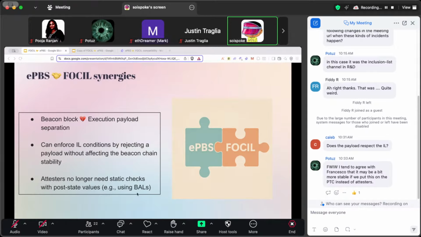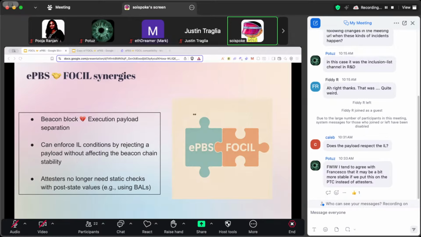Another advantage of cleanly separating is that it does get rid of the static checks, which is nice, since you don't need a way to get the post state values through BALs, block level access lists, because the beacon block and execution payload separation gives you this already, which is very nice.